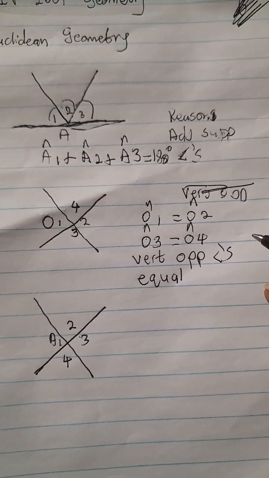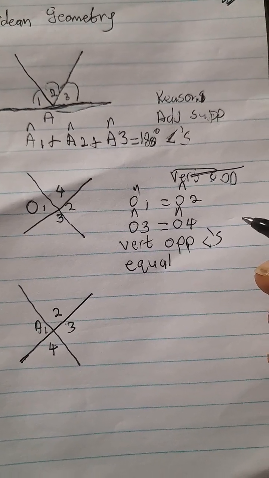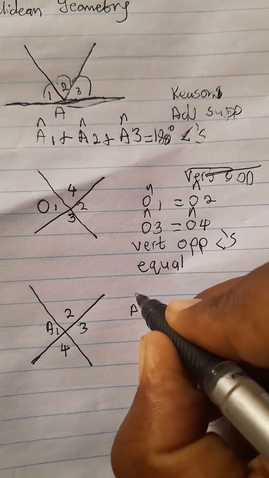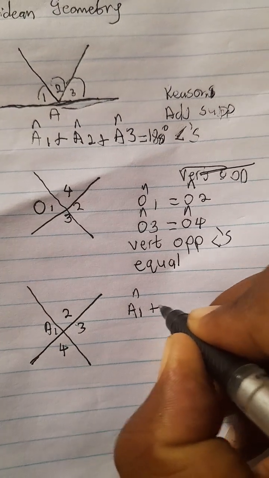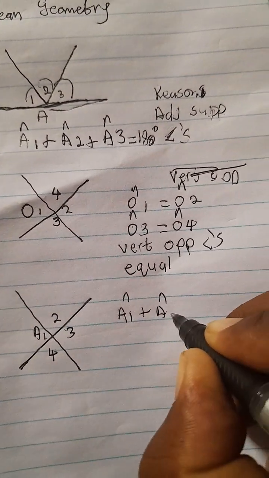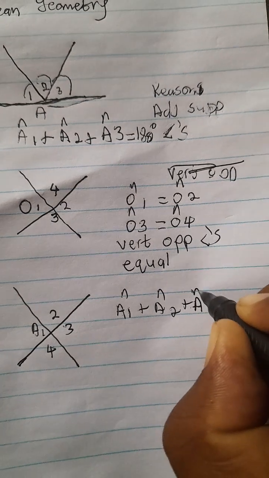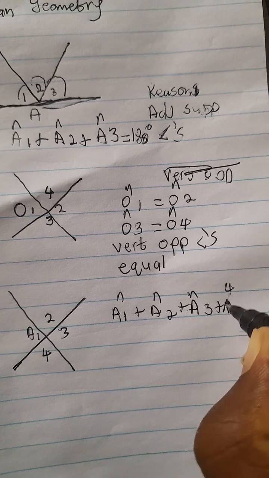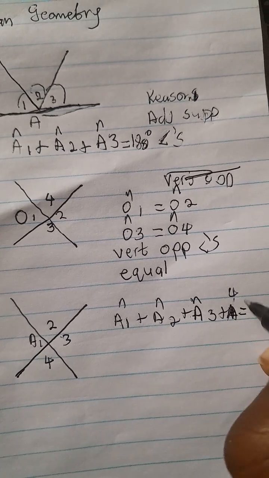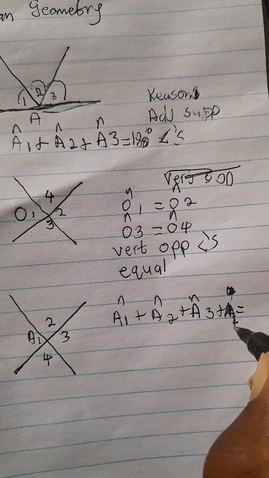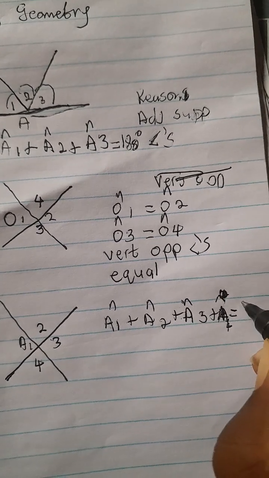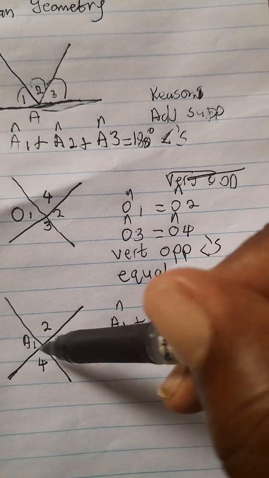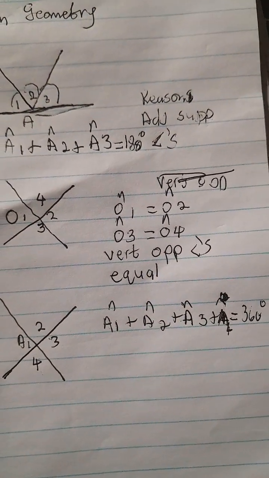So they sum up to 360, meaning that when you add all of these angles, angle A1, angle A2, angle A3 plus angle A4, they are equal to 360 degrees.